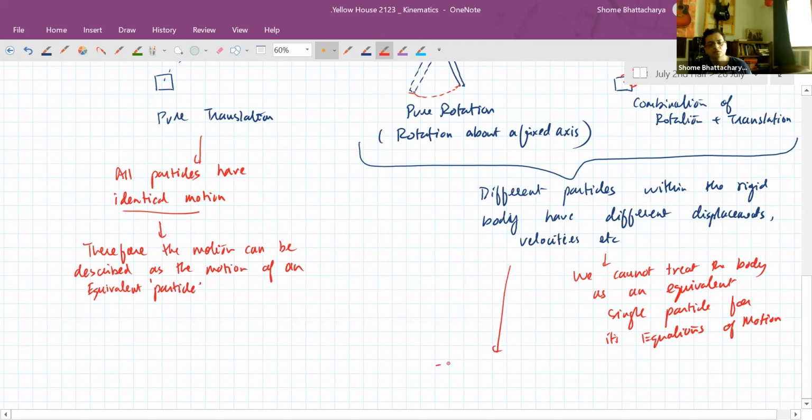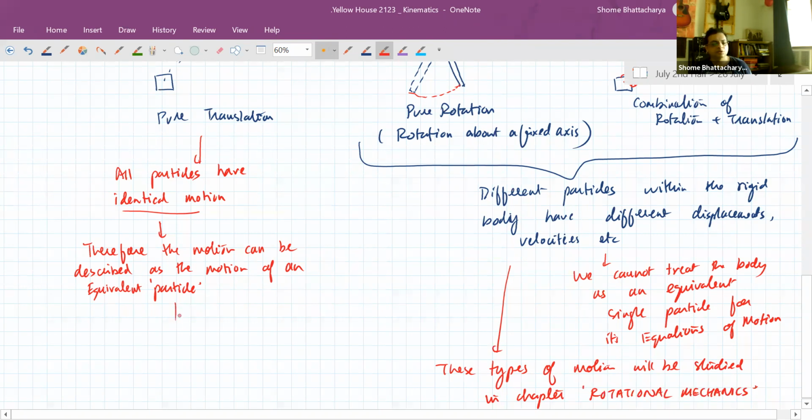So these types of motion will be studied in the chapter called rotational mechanics, which we'll be doing a little bit later within our class 11 syllabus only. But this type of motion is what we'll be doing in the kinematics chapter.